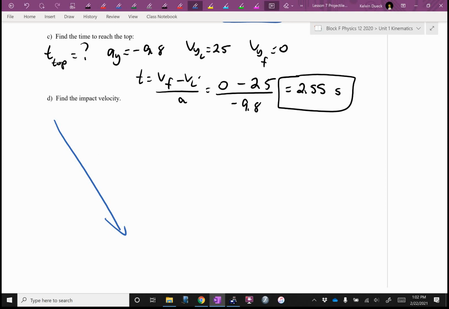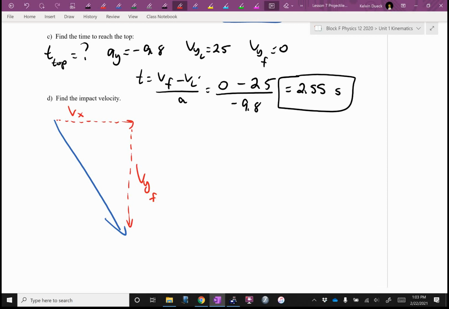I'm going to break this up into horizontal and vertical. I'll call this vertical, not V initial. That's V final, VY final components.